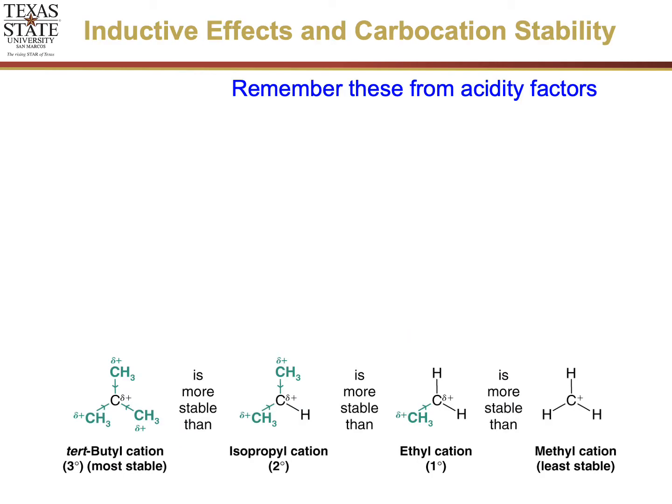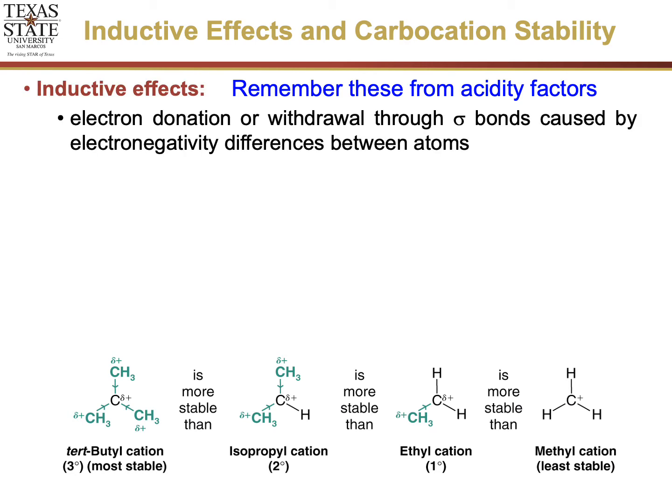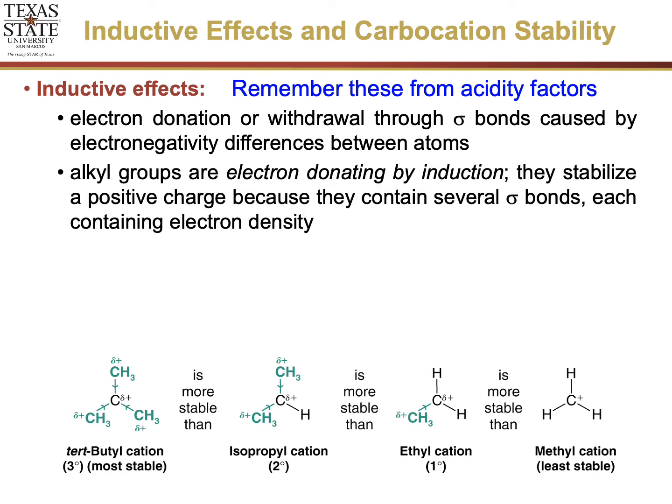Remember, we talked about this when we did acidity of carboxylic acids. Electron donation or withdrawing through a sigma bond causes an electronegativity difference between the different atoms. Alkyl groups are technically electron donating by induction because it's a very non-polarized bond.